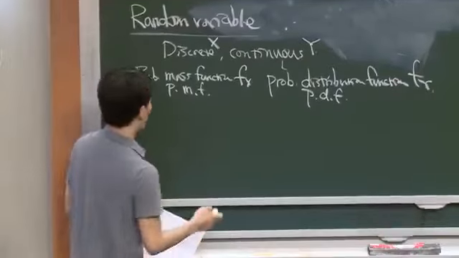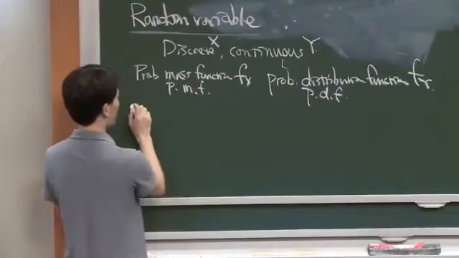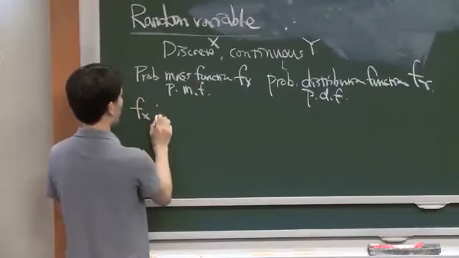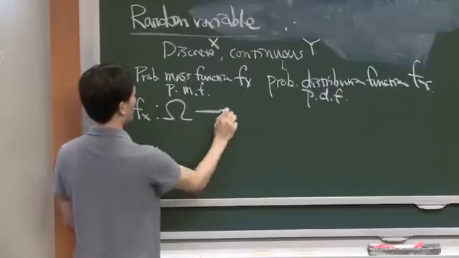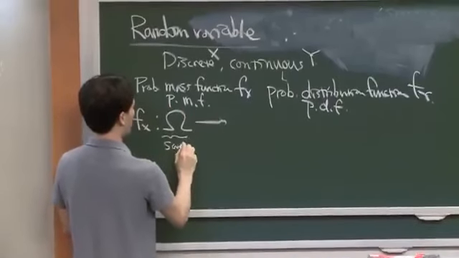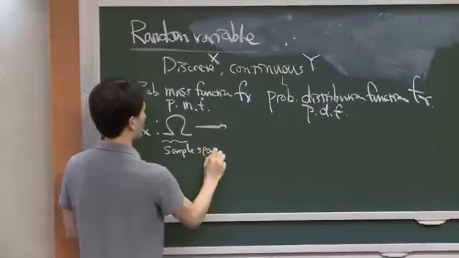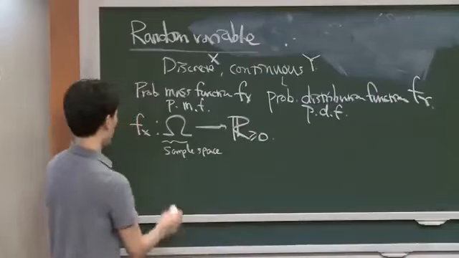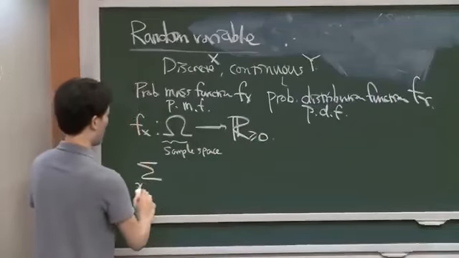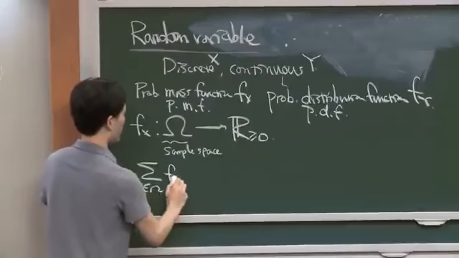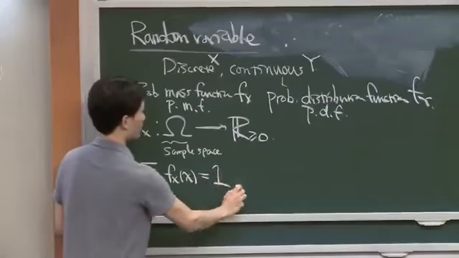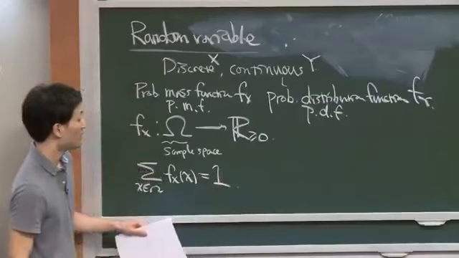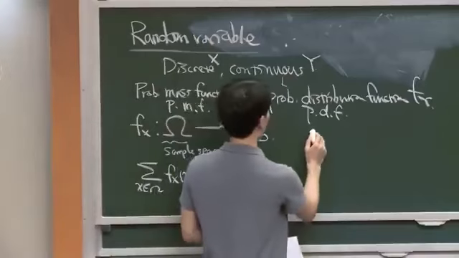Okay. So what is this? A probability mass function is a function from the sample space to non-negative reals, such that the sum over all points in the domain equals 1. The probability density function is very similar.